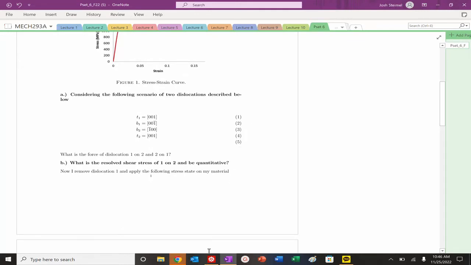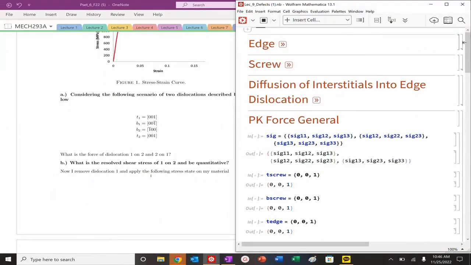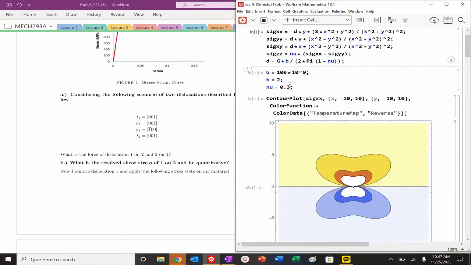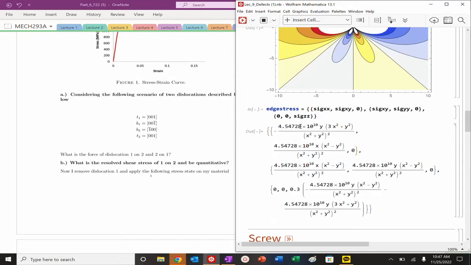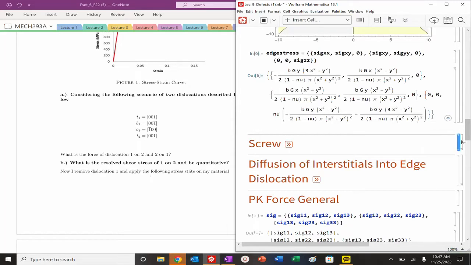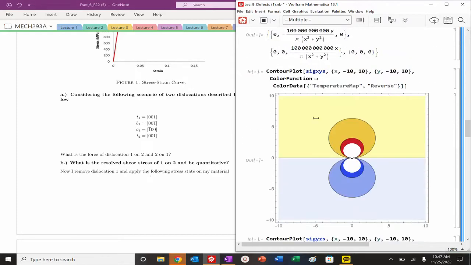So let's go ahead and we'll pull out our handy dandy notebook. And if you remember, we'll leave it in these general forms. We're not going to evaluate it. But we have our expression for our edge stress, and then similarly our screw stress right here.